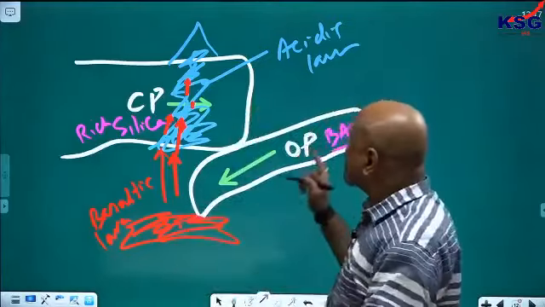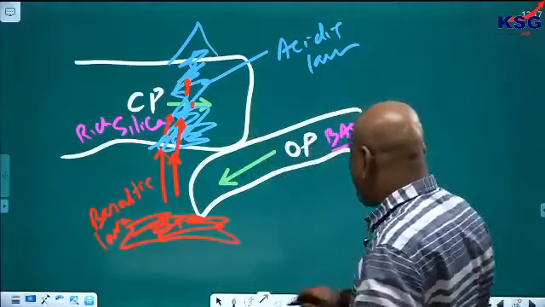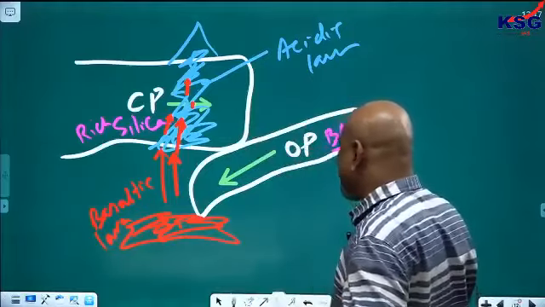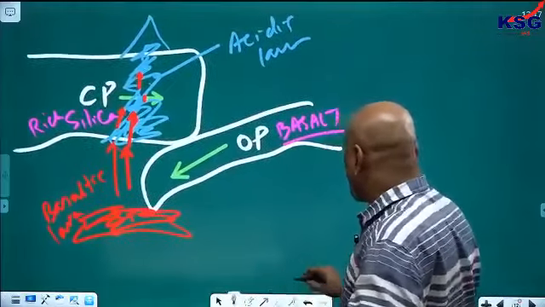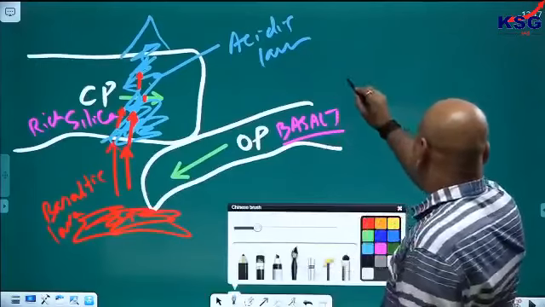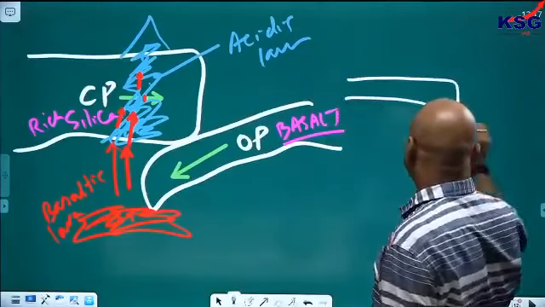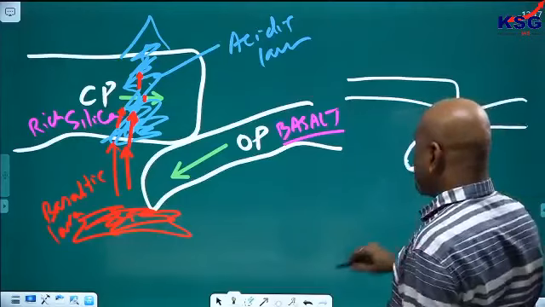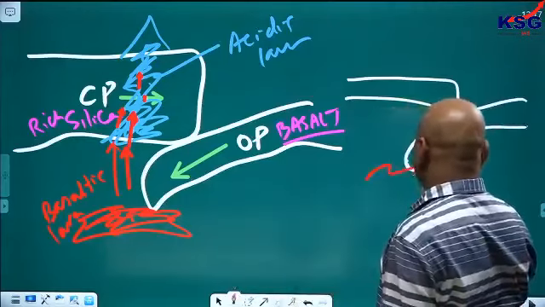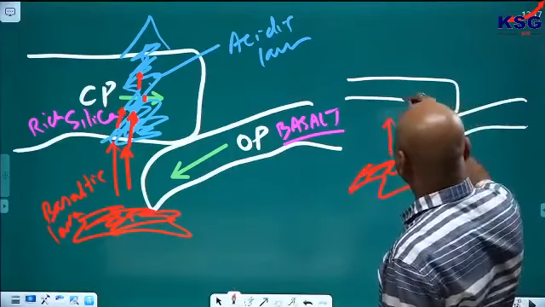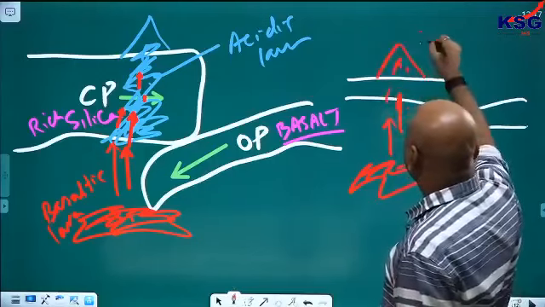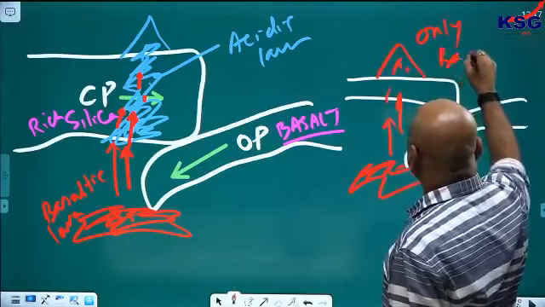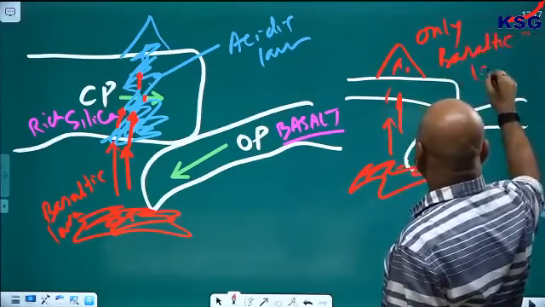Look at this. This is in case of continental plate and oceanic plate. But you may have two oceanic plates. If there are two oceanic plates, this is also basaltic, this is also basaltic. So the material which is here, this is basaltic, goes up, only basaltic lava will be there.